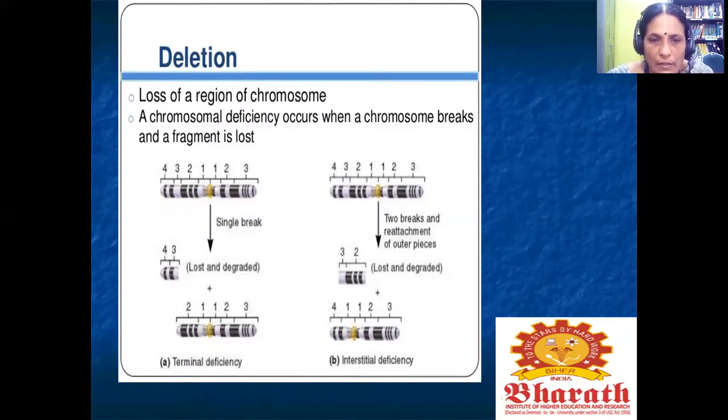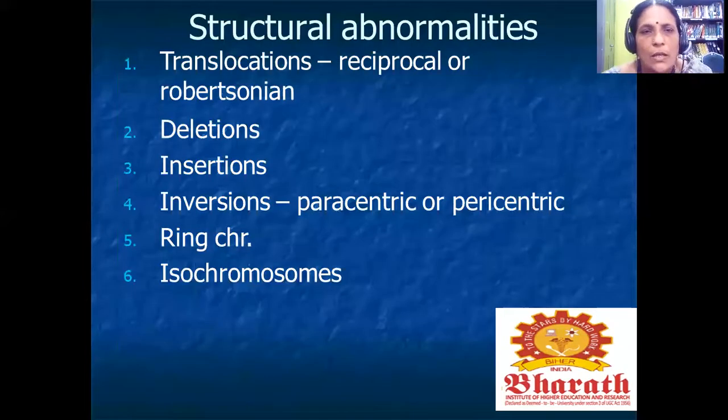In terminal deficiency, a single break occurs in the chromosome and the fragment is lost and degraded. In interstitial deficiency, there are two breaks and reattachment of the outer pieces, with the loss and degradation of the middle piece.